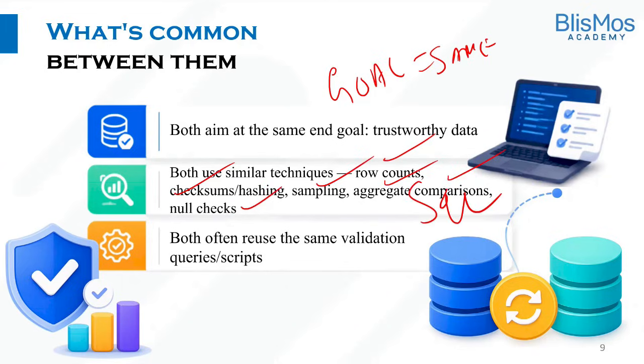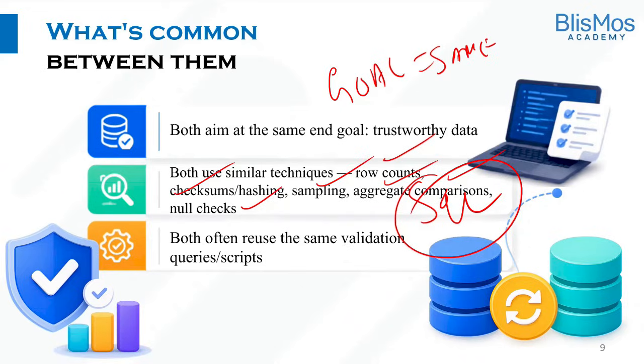In fact, the same SQL query that checks duplicate customer IDs might be used during data testing as well as inside an ETL validation process. So the techniques often overlap. What changes is the scope and the context. It's like the same toolbox, different job site.